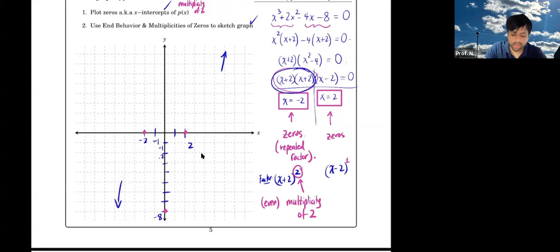How can I make a graph so that it touches or goes through these 3 points, and it's smooth, it's connected, and there's no extra zero? There's no extra x-intercept.